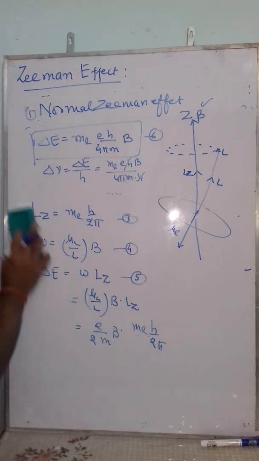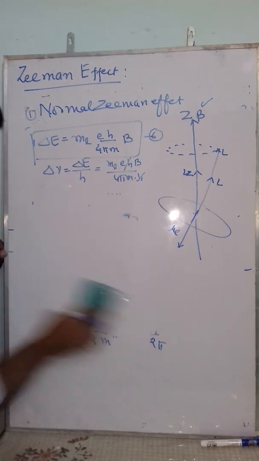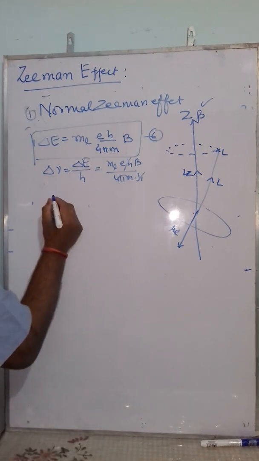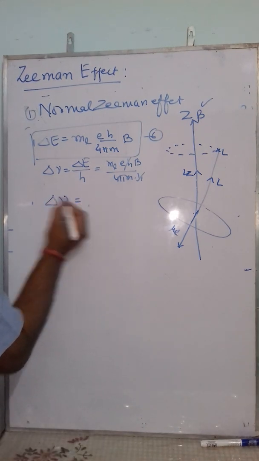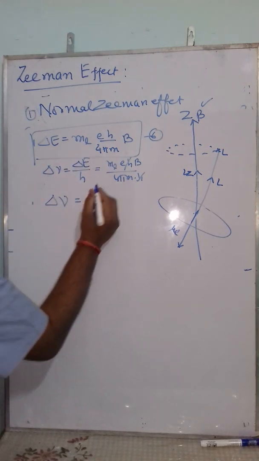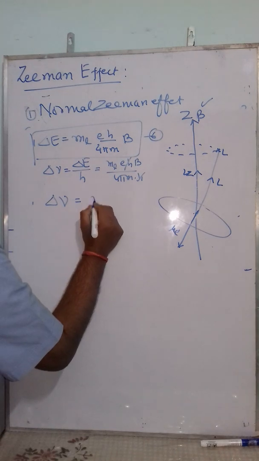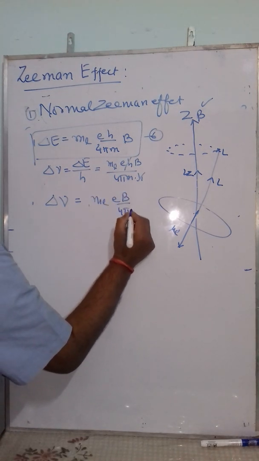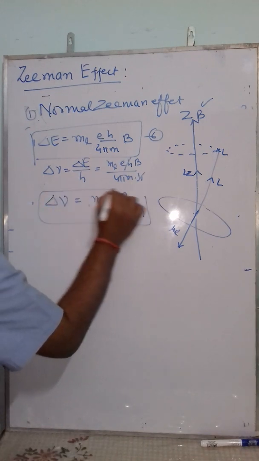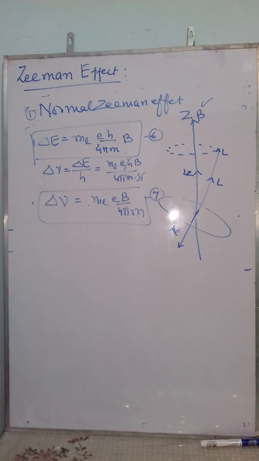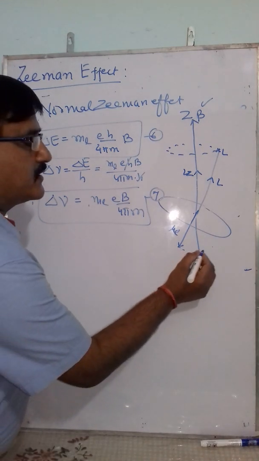The h gets cancelled, so ultimately the change in frequency, delta nu, comes out to be ml into e into B upon 4 pi m. This is the change in frequency. Here, this also precesses.